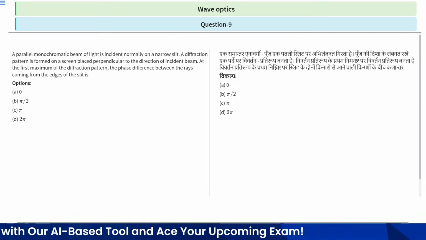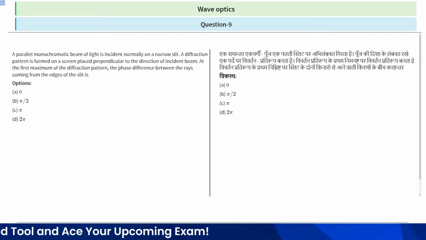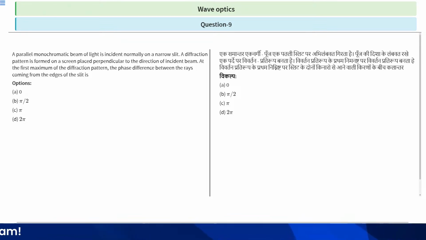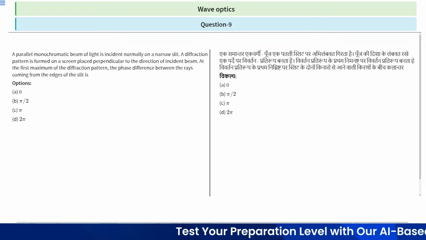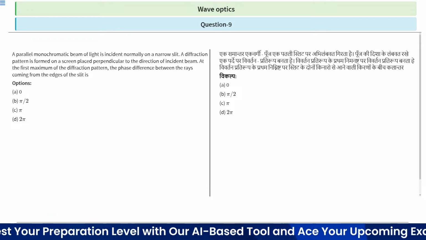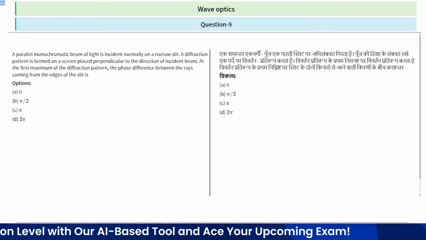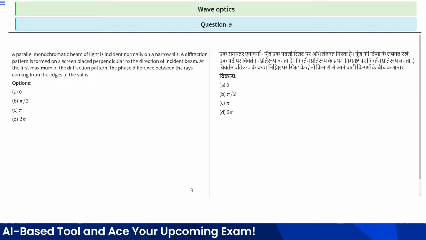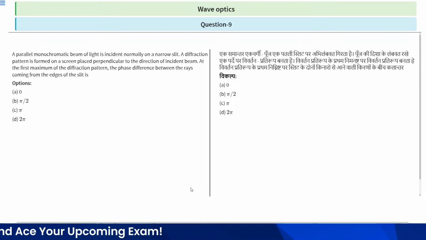Option A is 0, option B is π/2, option C is π, and option D is 2π. So which option is correct? You have some time to solve this question. After that, we will provide the solution.